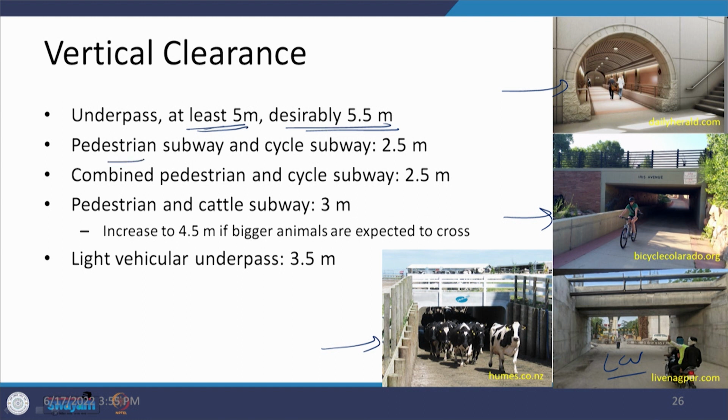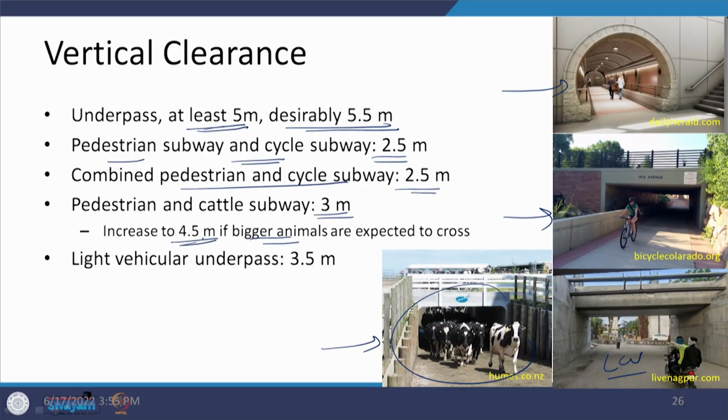But if there are pedestrian subways or cycle subways, then this can be 2.5 meters as a vertical clearance. The combined pedestrian and cycle subway is also 2.5 meters. For a pedestrian and cattle subway, it is going to be 3 meters, but if bigger animals are expected to cross here, say camels or elephants, then this has to be increased to 4.5 meters.